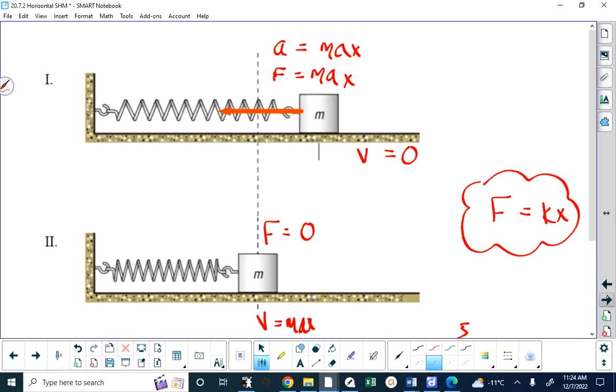Acceleration is how quickly or rapidly the velocity is changing. And because the force acting on it at that point is the greatest, it's going to go from moving in one direction to the right with a certain speed to another direction to the left with a different speed in a very, very short period of time, so the acceleration is large.